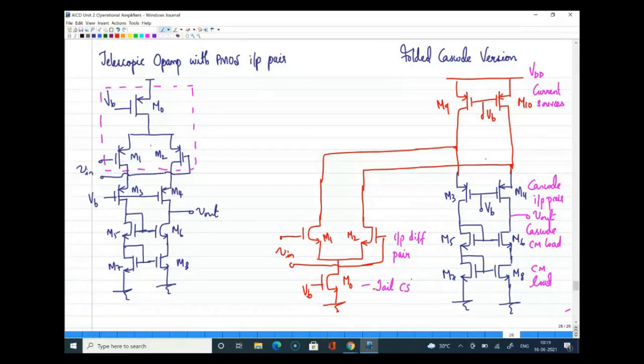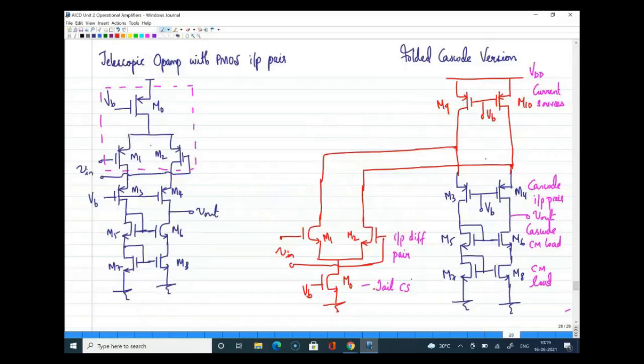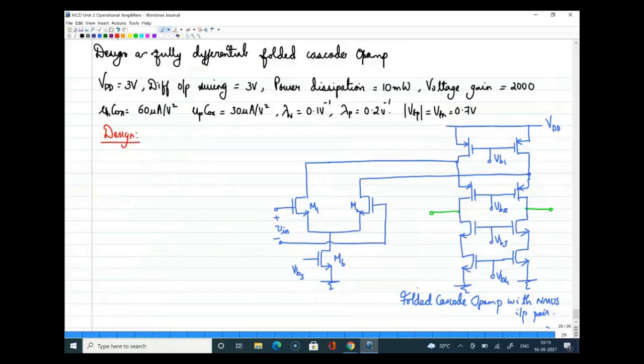But you can do the design of either. You can do PMOS input pair, or we can try with NMOS also. Comparatively, the NMOS folded cascode version has more gain compared to PMOS. Those features we will see very shortly. Here I have taken an example of an NMOS input pair folded cascode op amp. Don't get confused.